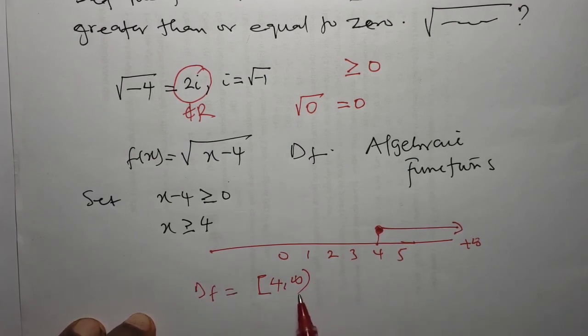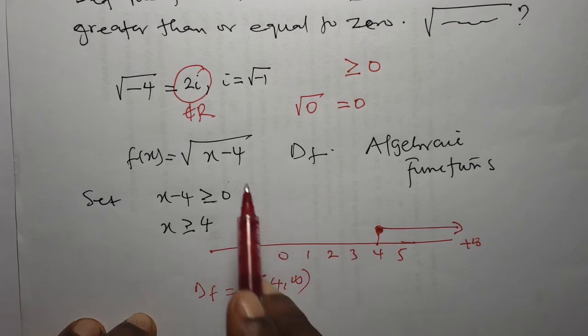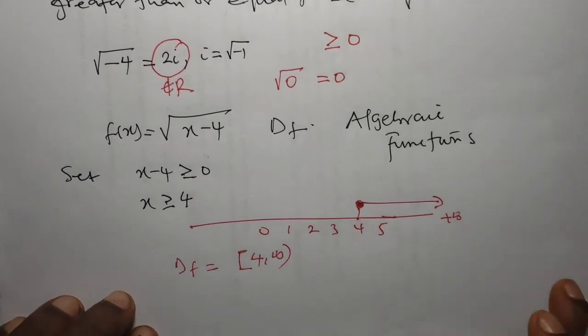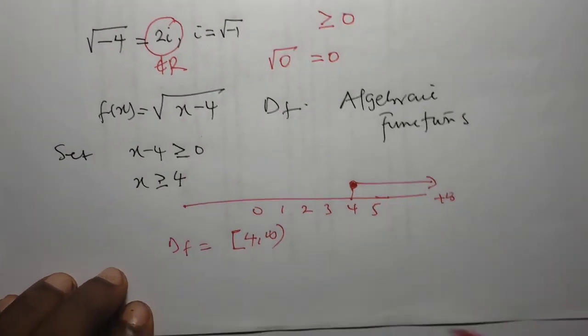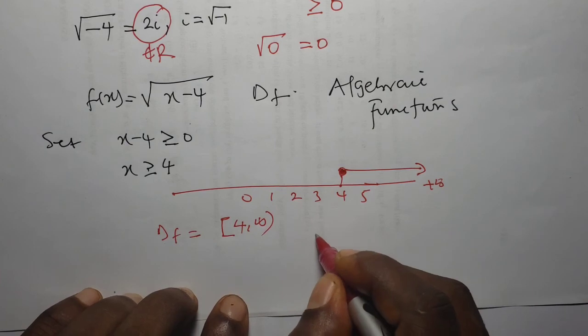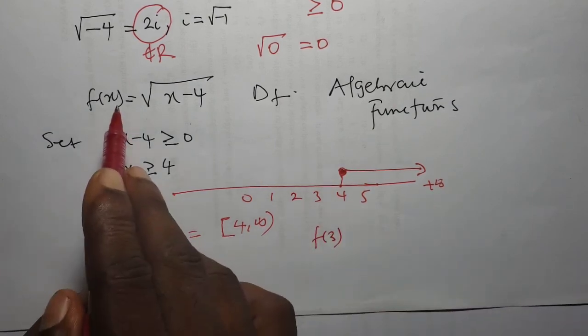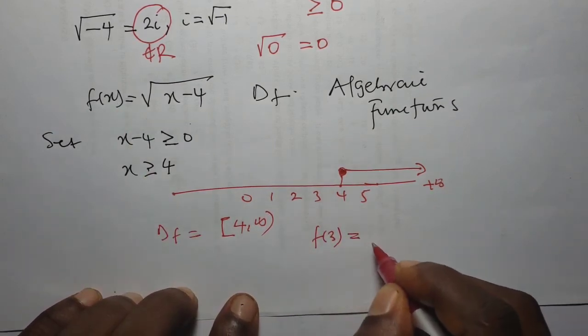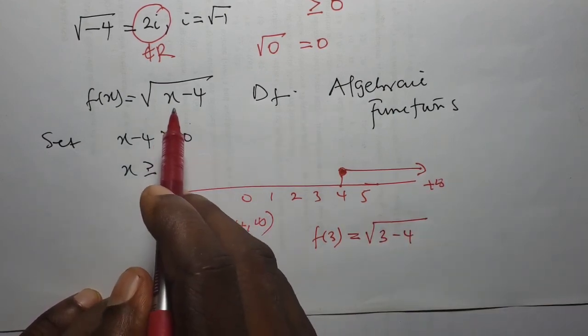Why is this true? Let us see. Why do we say that the values behind 4, to the left, are not in the domain of f? If we pick the value 3, for example, and plug it into the function f, let us see what image that produces. So f of 3, by putting 3 here, is equal to the square root of 3 minus 4, since x is now 3.